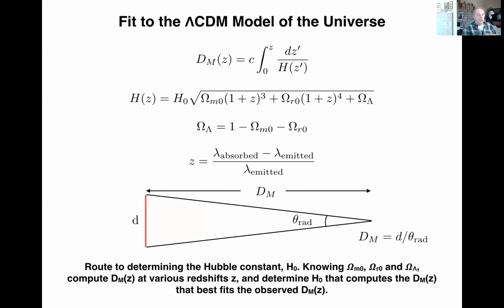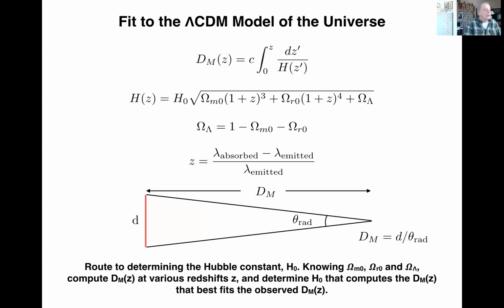And if that object is at a redshift z, we can compare it with what our model would compute, given what these parameters are and given what the Hubble constant is. Well, we know the parameters pretty well. What kind of objects could we use to compare D_M(z) computed with D_M(z) observed?